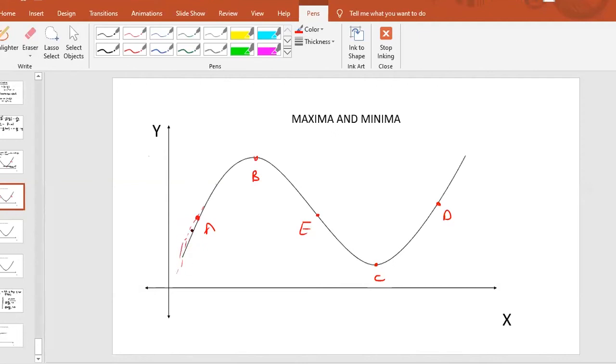The angle which A is making with the x-axis is more as compared to B, because at B it is 0. Here theta is more, at B theta is 0, which means when we move from A to B, theta or the slope dy by dx is decreasing. Which means dy by dx is decreasing.